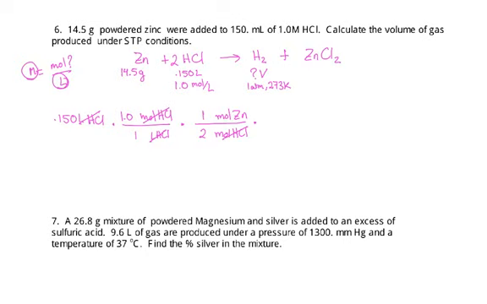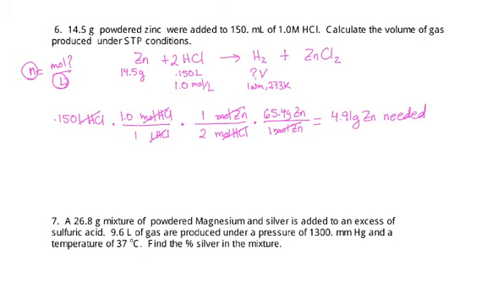And I'm given grams of zinc, so I'm going to go to grams of zinc here so I can compare the two numbers. So 1 mole of zinc, molar mass of zinc is 65.4 grams of zinc. Moles cancel. And if you multiply that out, you get 4.91 grams of zinc needed.